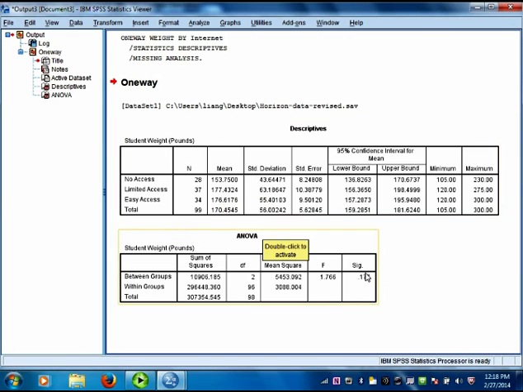So in this case, we cannot accept our research hypothesis. We have to say there is no significant difference on average weight among the no access, limited access, and easy access groups. Even though we observed some differences, the differences are too small here, the F ratio is too small to allow the error to be under the benchmark we set.